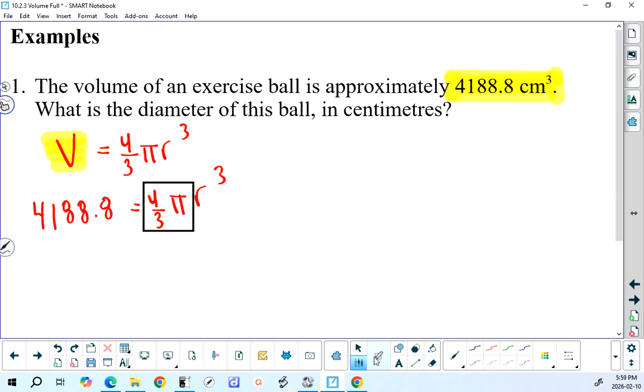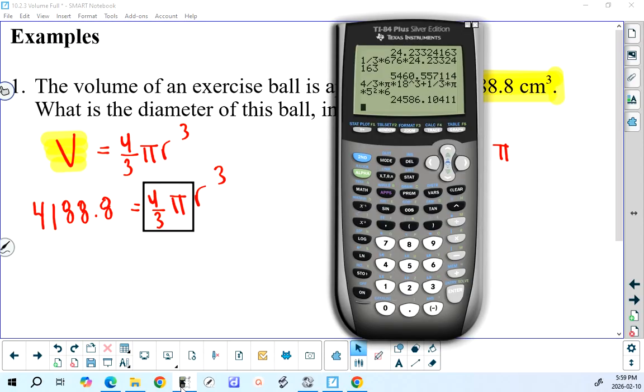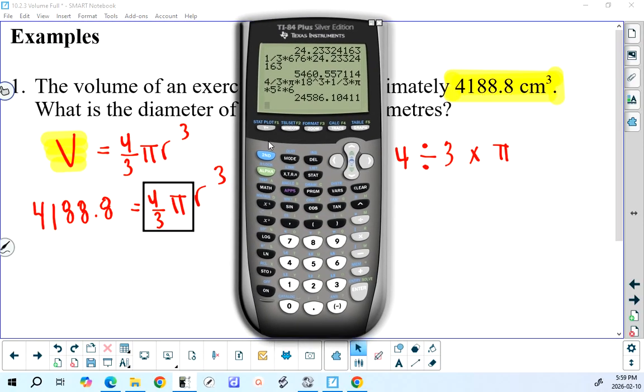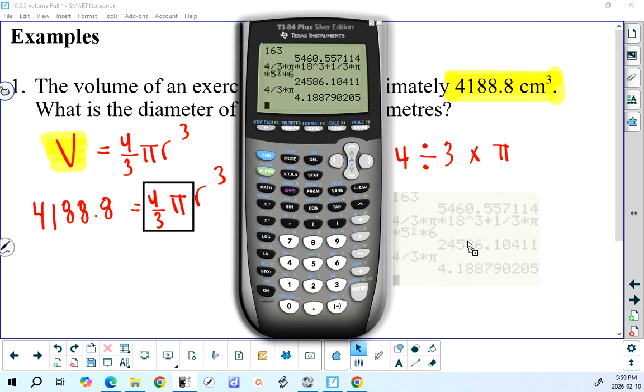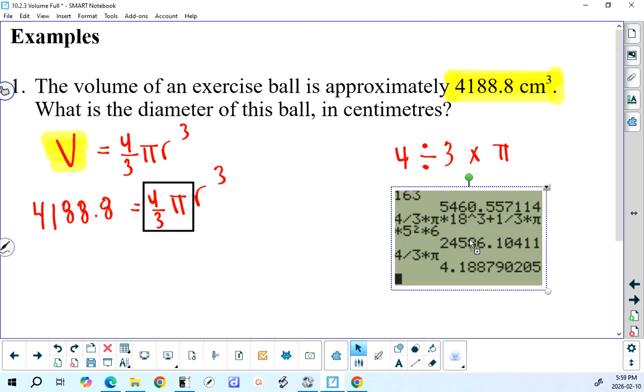We figure out what it's equal to. 4/3 pi means 4 divided by 3 and then multiplied by pi. Well, how are we going to do that? We have a calculator. So what is 4 divided by 3 times pi? What's this number? 4.18879.